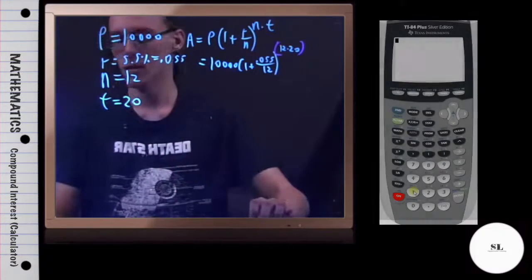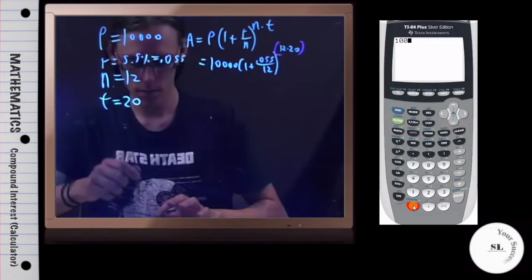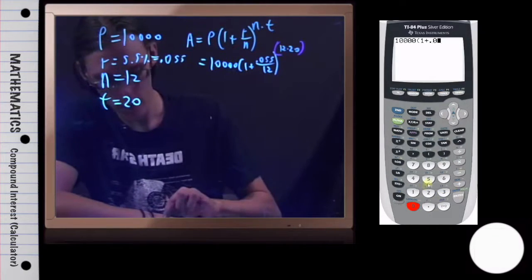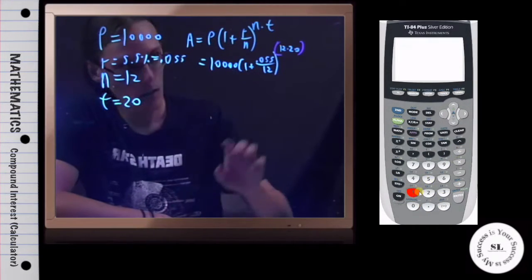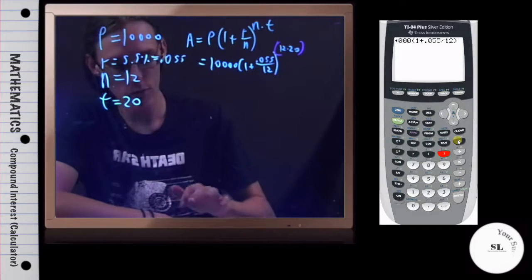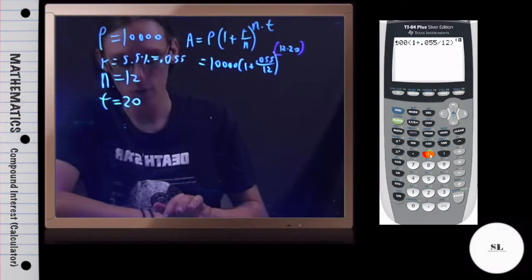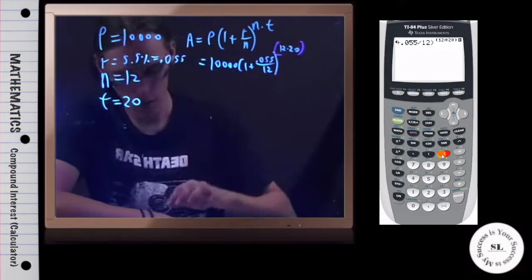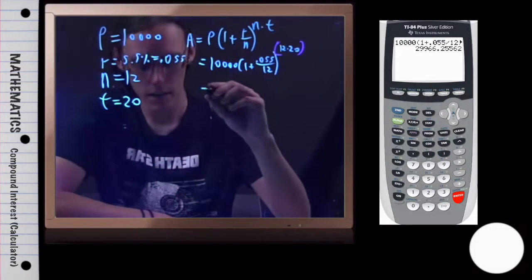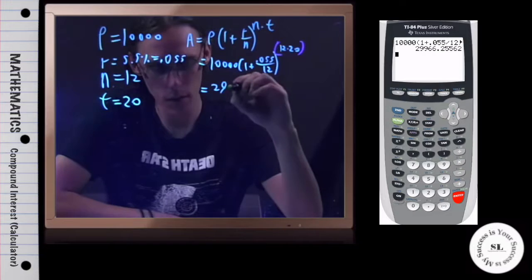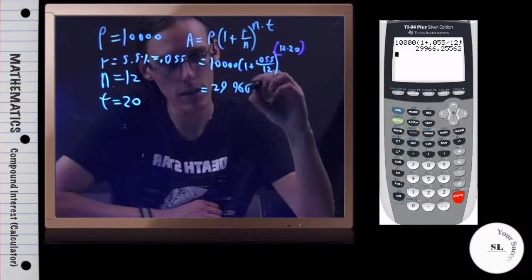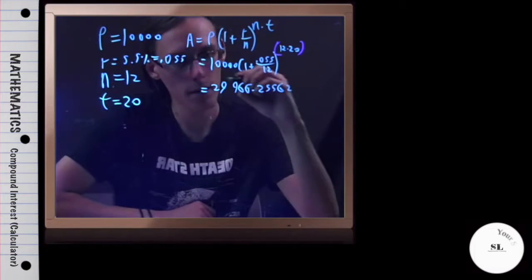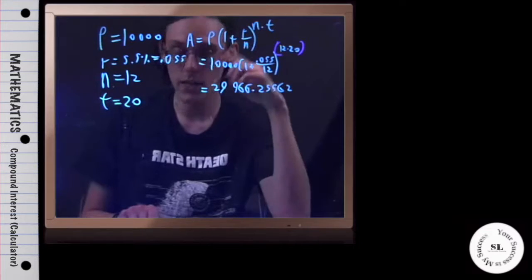So, put in 10,000, open the parentheses, 1 plus 0.055 divided by 12, close these parentheses, exponent, raise it to, open these new parentheses, 12 times 20, close these parentheses, enter, and what the calculator is giving me is 29,966.25562.